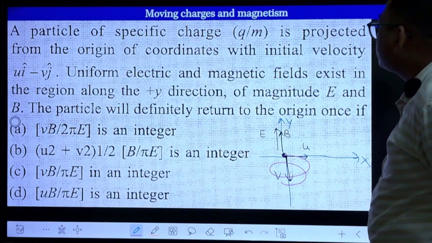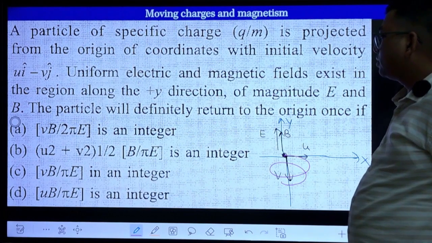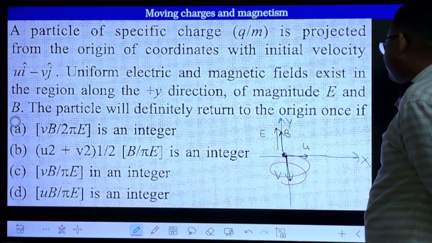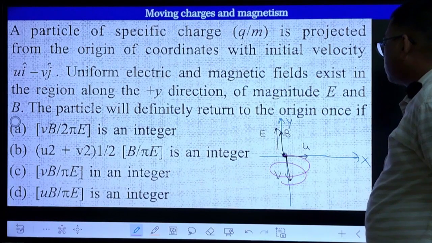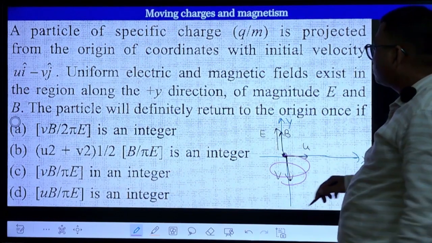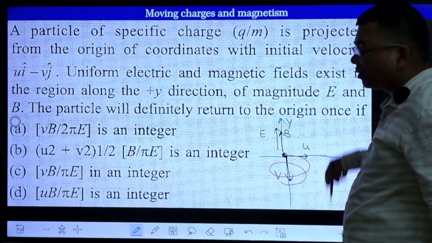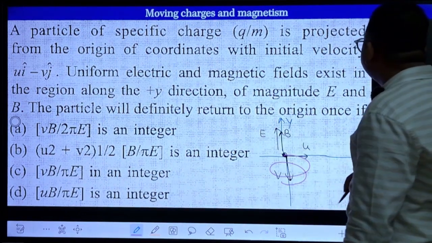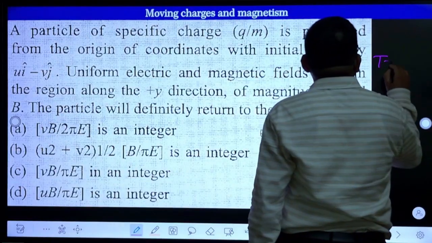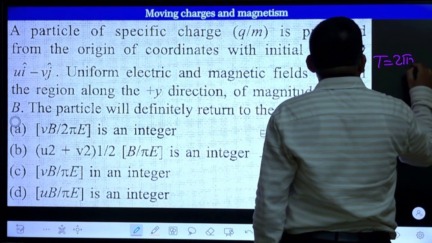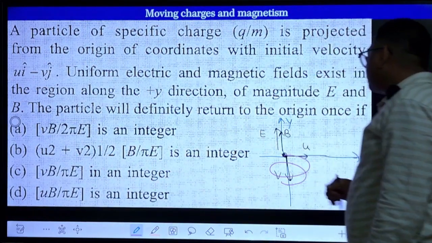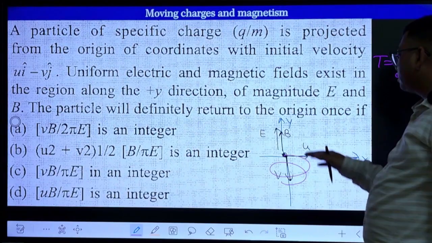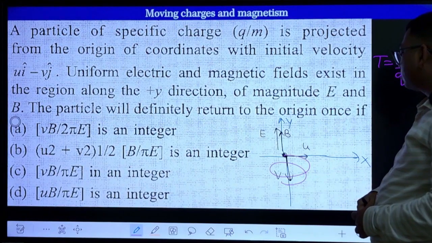When it returns back, that is what it is showing. First of all, the time it takes to revolve in this plane: the time period we can calculate. Time period is 2 pi m by qB. The time period does not depend on the speed, neither this component of speed nor that component.